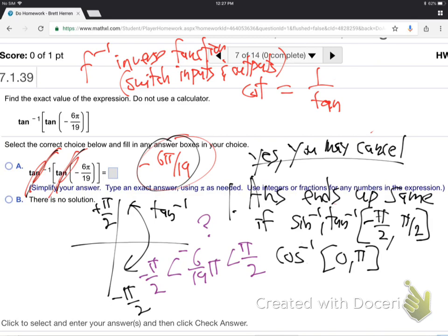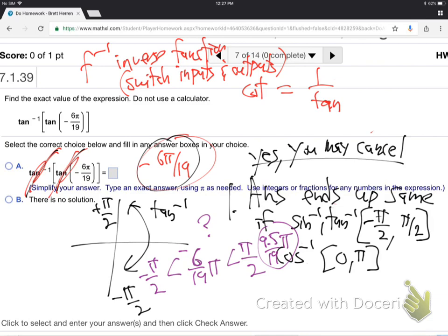It's almost 10, right? It's 9.5 over 19 pi. If you double 9.5, you get 19. I just took half of 19. That's a fancy way to write half. 9.5 is half of 19. $9.50 is half of 19 bucks. So that's half.